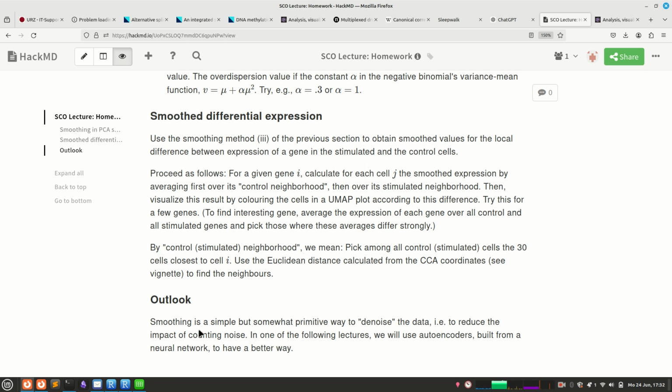Who knows what an autoencoder is? Okay, quite a few. So the overall idea of the autoencoder is you have a neural network which takes a cell with its expression vector, the expression of all the genes, and you ask the encoder part of the autoencoder to reduce this down to 20 numbers or so.